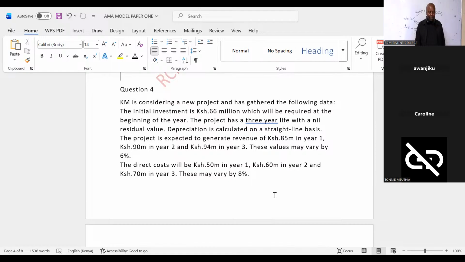Question number 4. KM is considering a new project and has gathered the following data. The initial investment is Kenya 66, which will be required at the beginning of the year. The project has a 3-year life with a nil residual value. Depreciation is calculated on a straight line basis. So let's first calculate that depreciation.